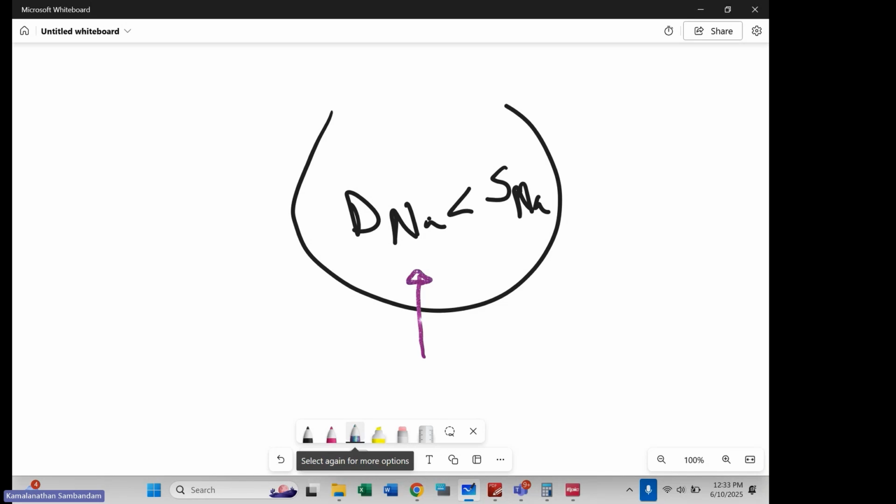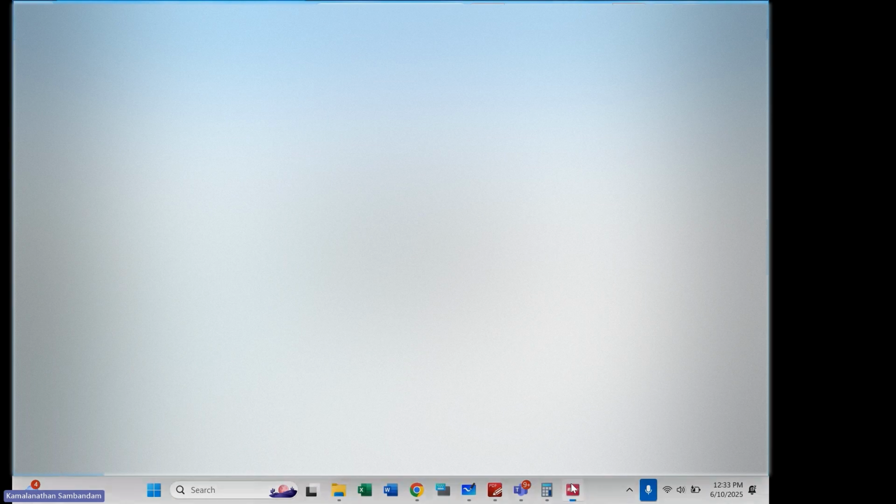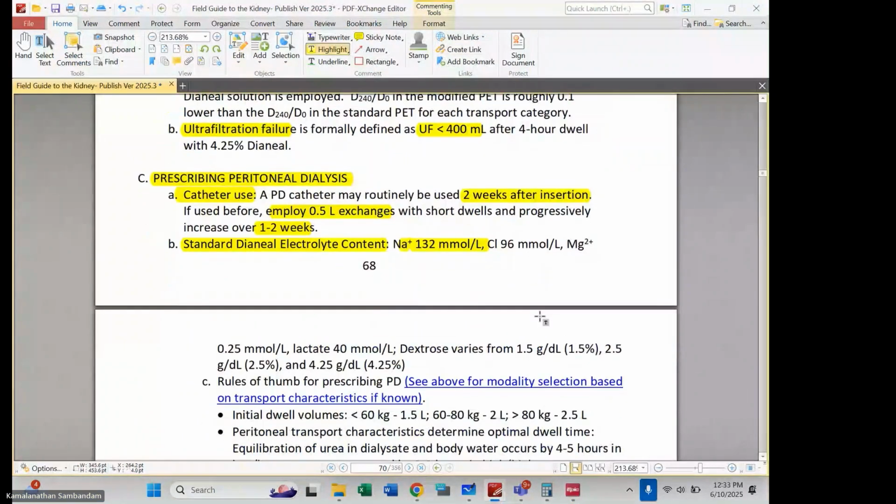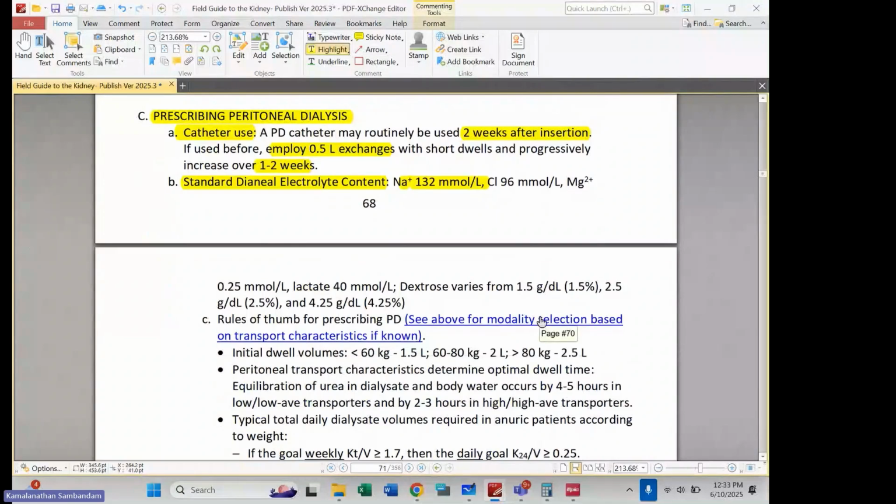That water movement into the dialysate lowers the dialysate sodium concentration, and then creates a gradient for sodium removal. Okay, so that's called sodium sieving. But in order to enhance sodium removal, we have a dialysate sodium concentration that is lower at 132.